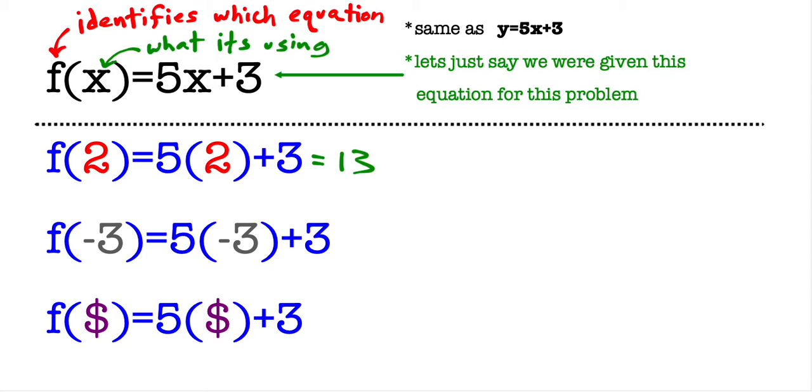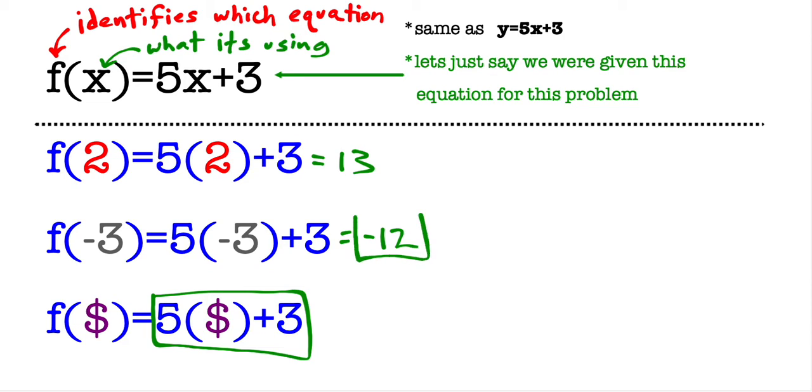Whatever is in the parentheses is what you put in place of x. So -15 plus 3 would be -12. And then this one, I have no idea what the money symbol stands for, but it basically is like a variable. So in that case, that is the final answer. So if it's something you can't calculate, then you just don't. If you can calculate it, you should.